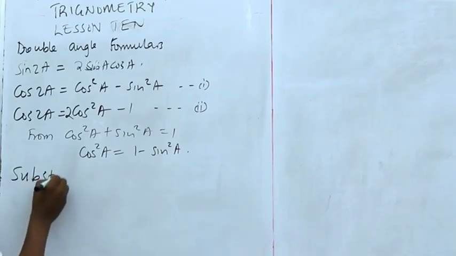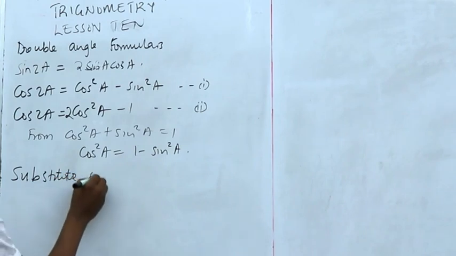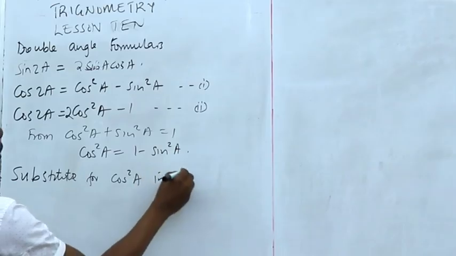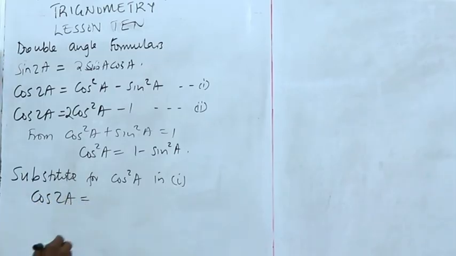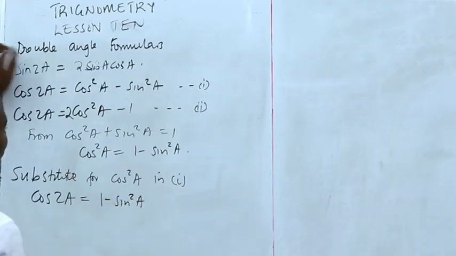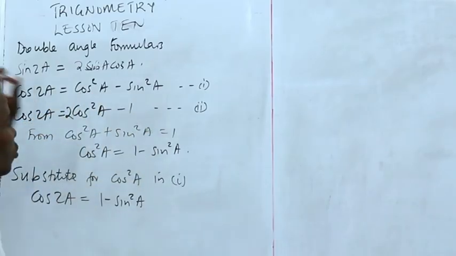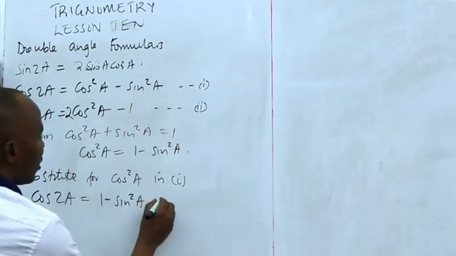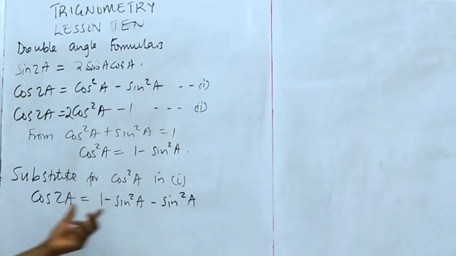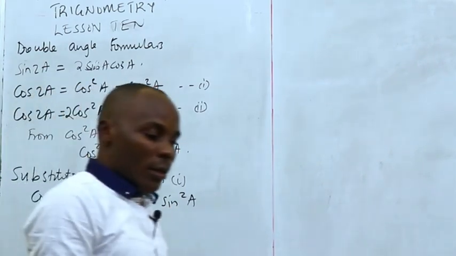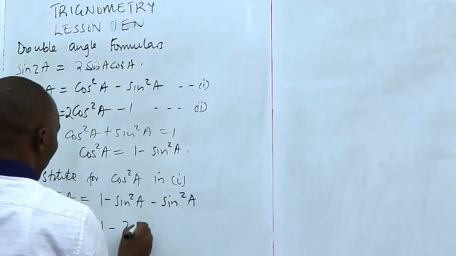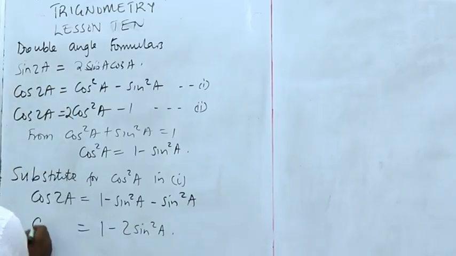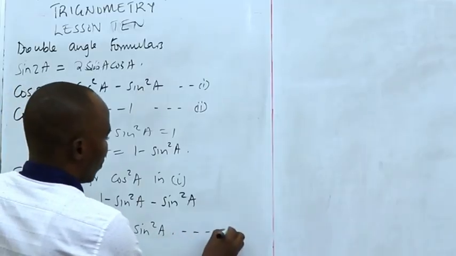So if I substitute for cos squared a in equation 1, I will have cos of 2a is equal to 1 minus sine squared a, and then there is another sine squared a. If you combine those two, you have 1 minus 2 sine squared a. This is the value of cos 2a. So that is equation 3.